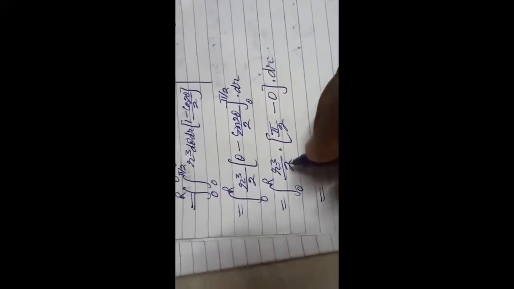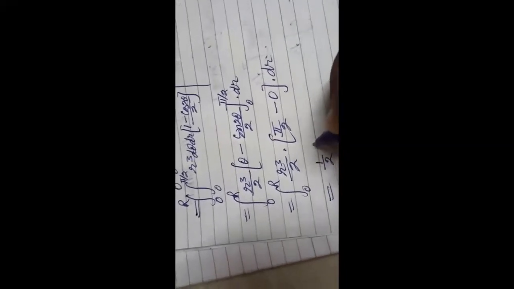So again on integrating this, 1 by 2 into pi by 2, and this 0 to r cube into dr. So this will give you pi by 4 into r to the power 4 upon 4, and limit is 0 to capital R. So on putting the limit, this will be equal to pi r to the power 4 upon 16.